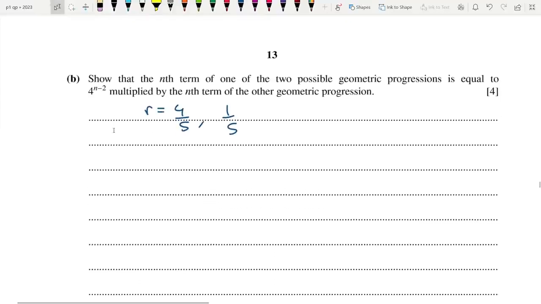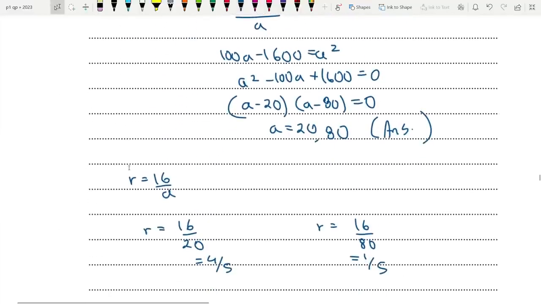Now, show that the nth term of one of the two possible geometric progressions is equal to 4 to the power n minus 2 multiplied by the nth term of the other geometric progression. Okay, so we know that Tn is equal to a r to the power n minus 1. Now, for r equals 4 by 5, the first term was actually 20.